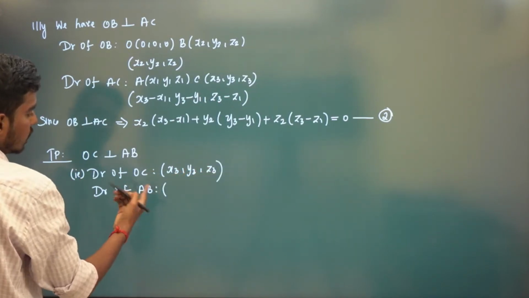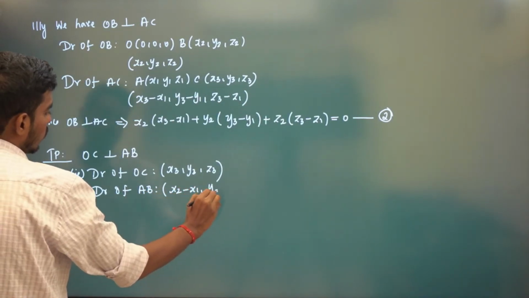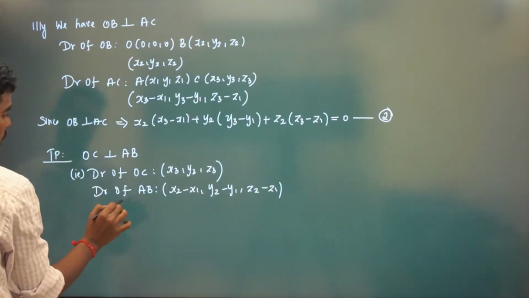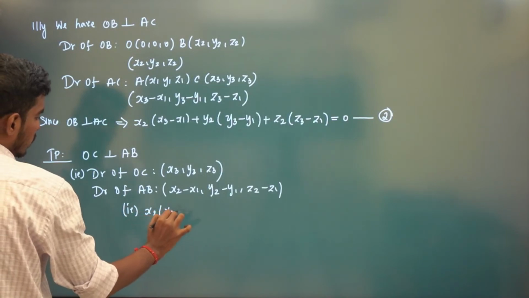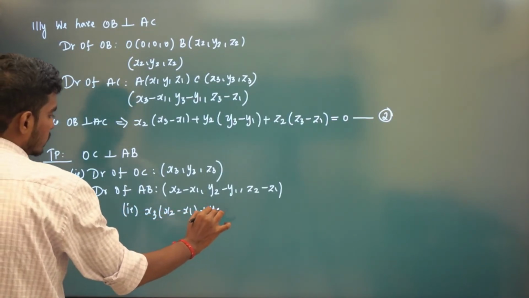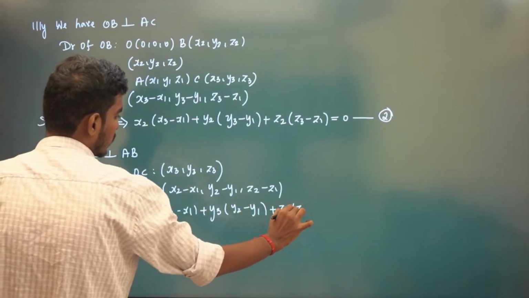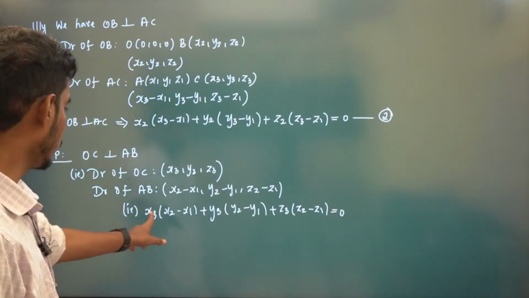The direction ratio of AB will be B minus A, so x2 minus x1, y2 minus y1, z2 minus z1. We need to prove they are perpendicular, that is, x3 into (x2 minus x1) plus y3 into (y2 minus y1) plus z3 into (z2 minus z1) is 0. This is what we need to prove.